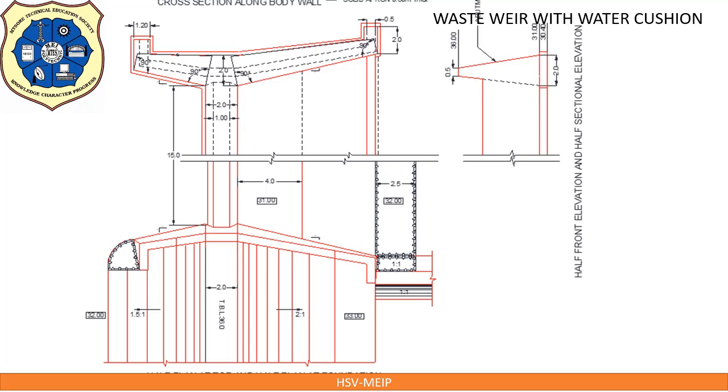Draw one more cut line to draw half front elevation. Now draw ground level 32.00 and FTL 34.5. Again draw TBL 36.00 and downstream side wing wall RL 33.00.